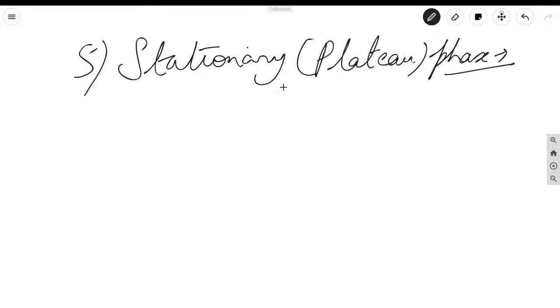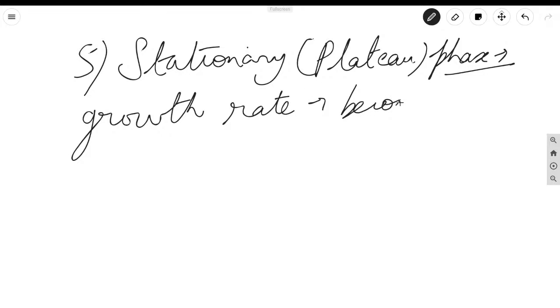So in this phase, what happens is, eventually the growth rate becomes stable. Very important for NEET examination. The growth rate you would be seeing, or you might have noticed also, the growth rate becomes stable. Okay, because why? The rate of mortality and the rate of natality become equal.